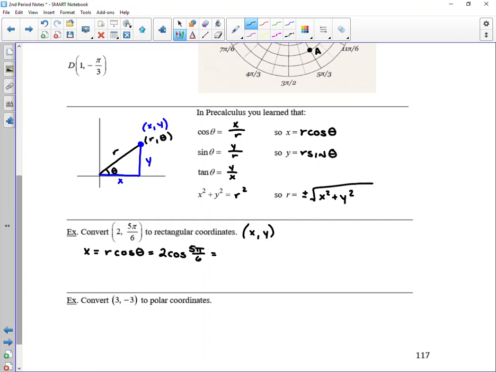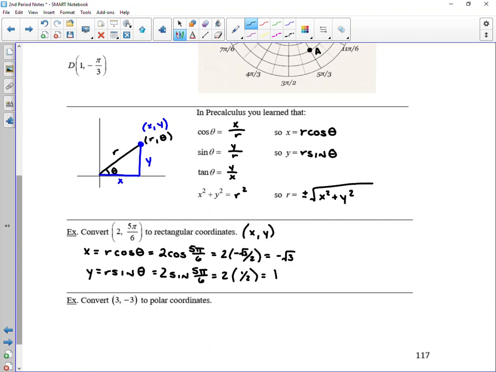So cosine of 5 pi over 6 is positive or negative? And then simplify, negative root 3. So, and y equals r sine theta, which is 2 sine of 5 pi over 6, 2 times positive 1/2. And so that's 1.